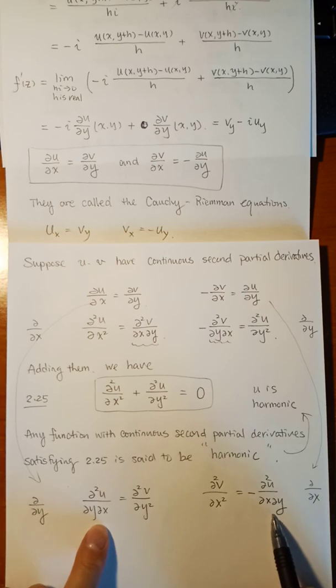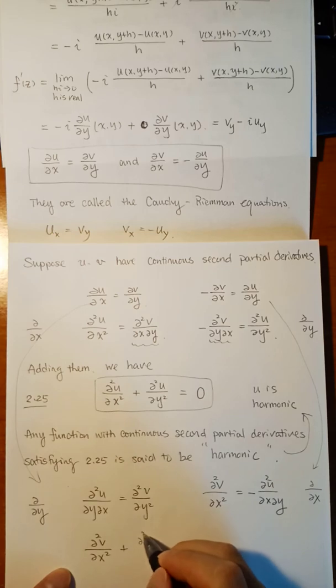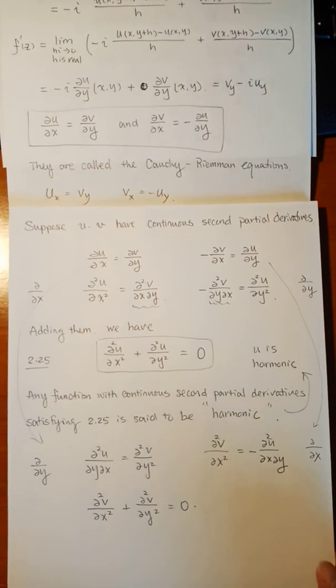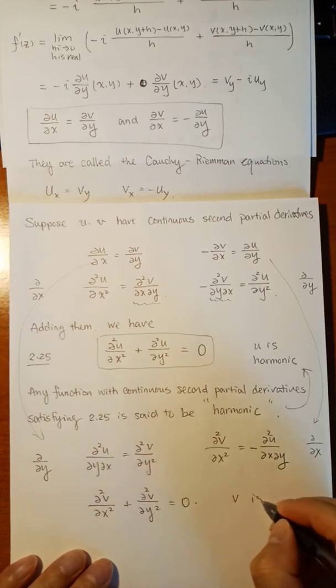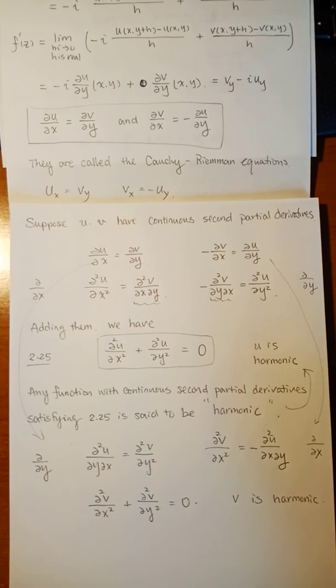Then same thing, we add these two equations, the sum is 0, and you get the same conclusion. The v part, the imaginary part of the analytic function, is also harmonic.